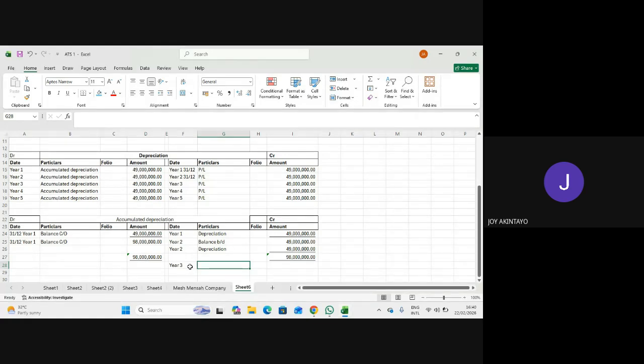What will you put here as your narration? We have balance brought down. You know this now. The charge for the year, then depreciation for the year. So the same 49. We are bringing this from, so we are together.